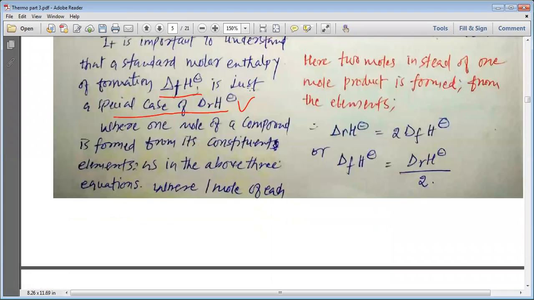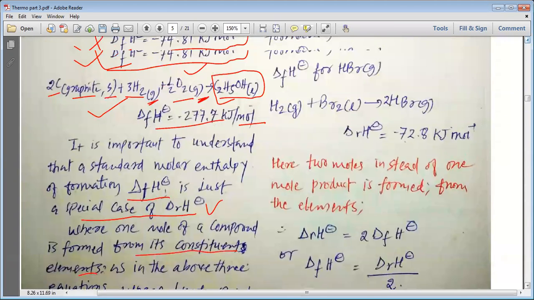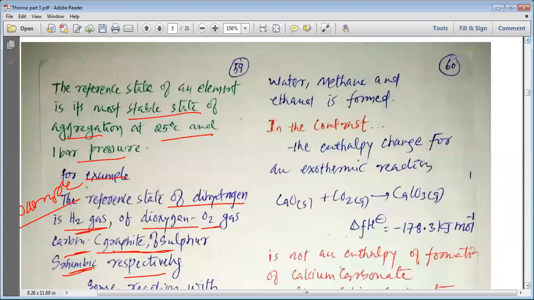Remember that the temperature should be 25 degrees centigrade and the pressure should be 1 bar, where 1 mole of a compound is formed from its constituent elements. As in the above three equations, we have seen that 1 mole of water, 1 mole of methane, and 1 mole of ethanol is formed.